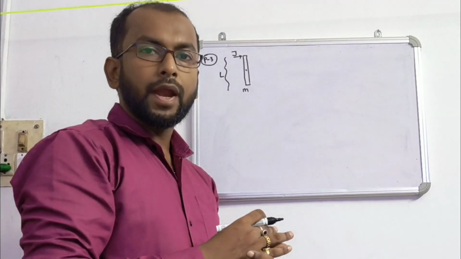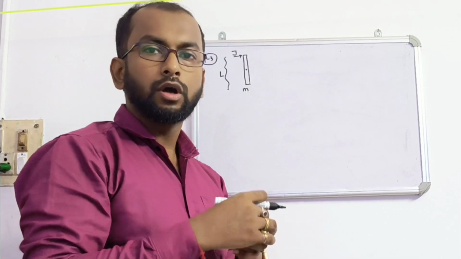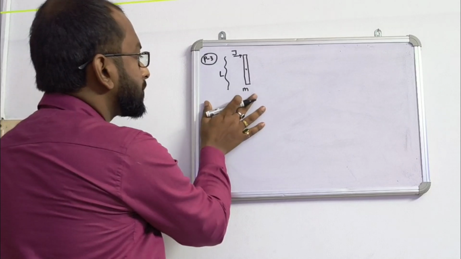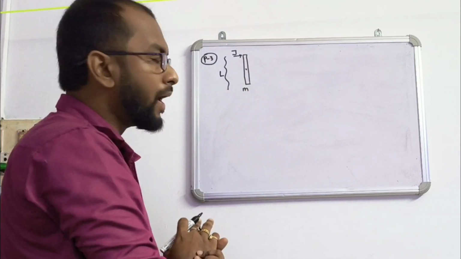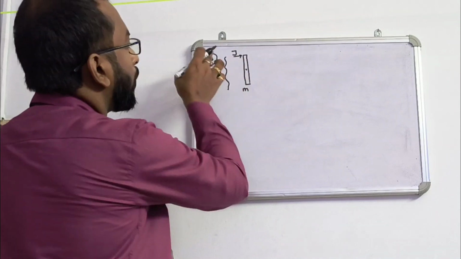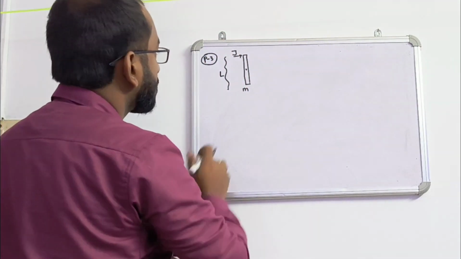Now let's look at another problem which involves the concept of combined motion of translation as well as rotation. This is a rod, or scale, of mass m and length L. It is freely lying on the table and an impulse is given at one extreme end of the rod.